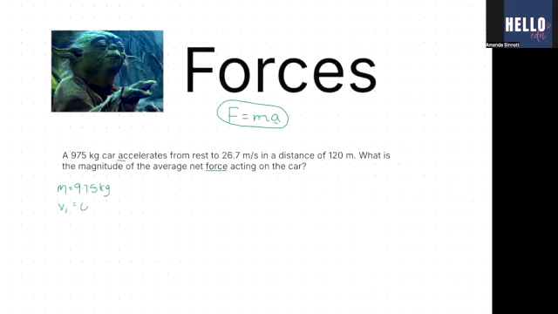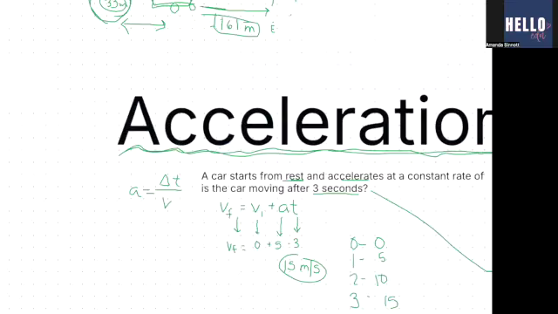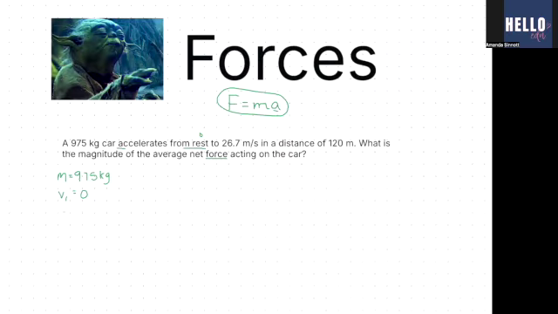So always look, if it says starts from rest, just like in our other problem, it's going to be 0 for initial velocity. And we also have our final velocity of 26.7 meters per second. We also have the distance. And what we need to find is A.